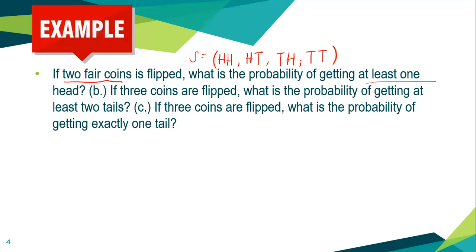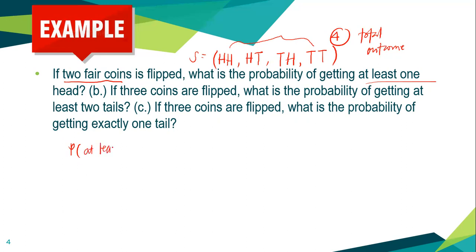Ilang outcome ang meron tayo? Ilan yung total outcomes natin? We have 1, 2, 3, and 4. So you have 4 as your total outcome. Okay? So, meron na agad tayong denominator. So, we have here probability of at least one head.